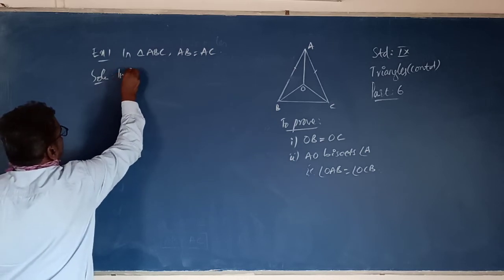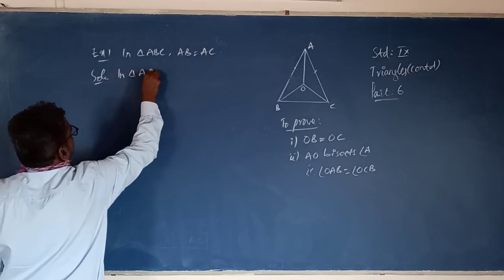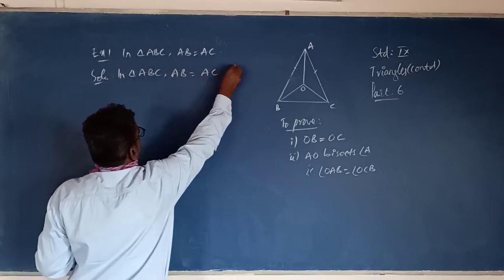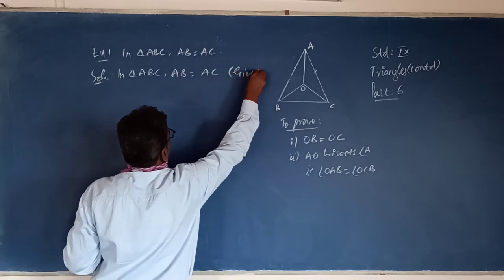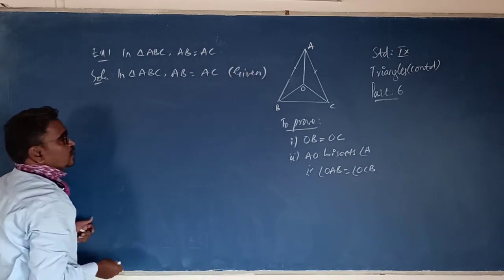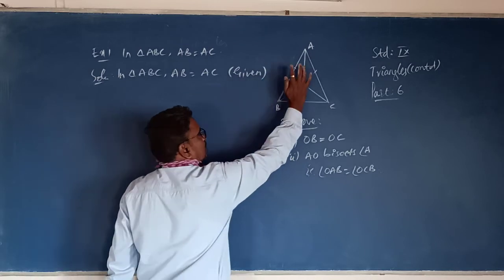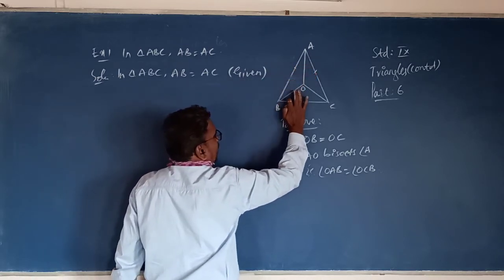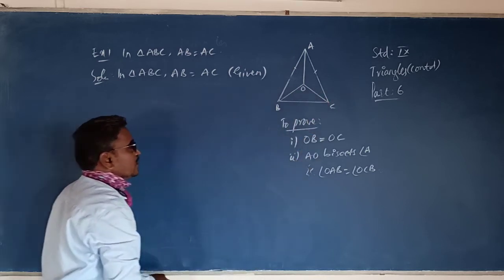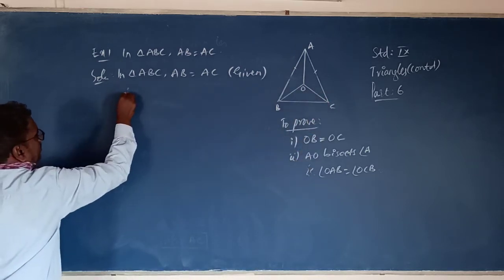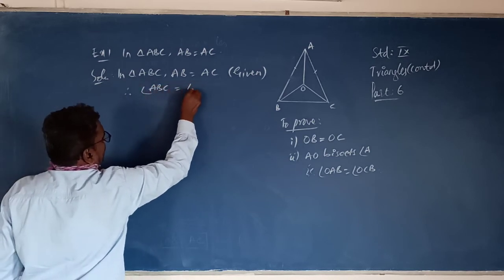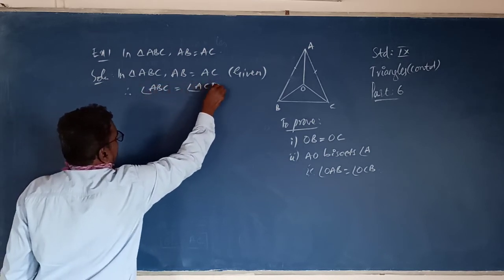In triangle ABC, AB equals AC, given. Therefore, what? Angles opposite to equal sides of a triangle are equal. Therefore, angle ABC equals angle ACB.